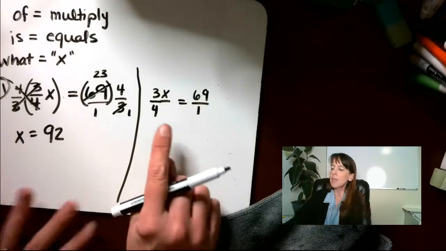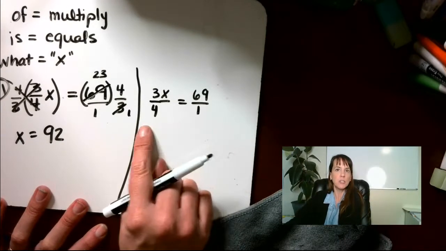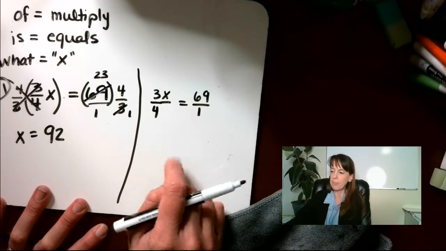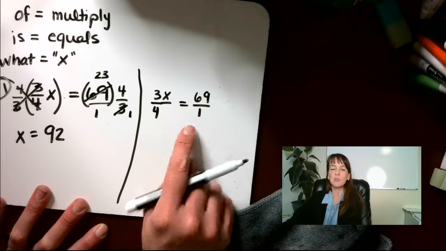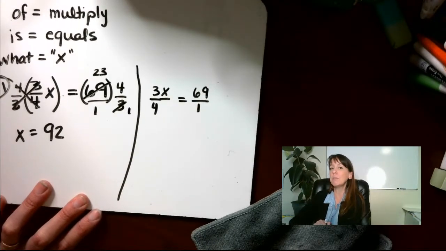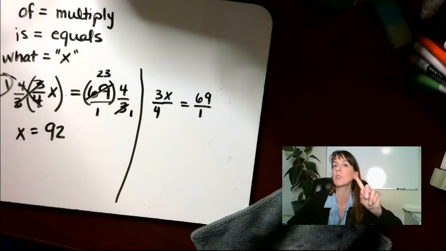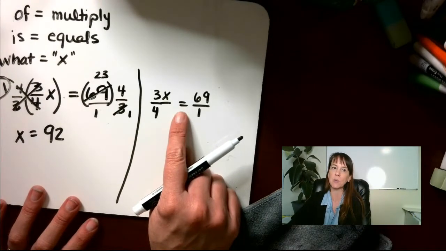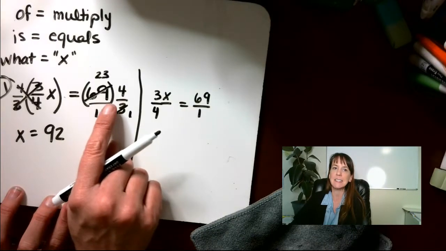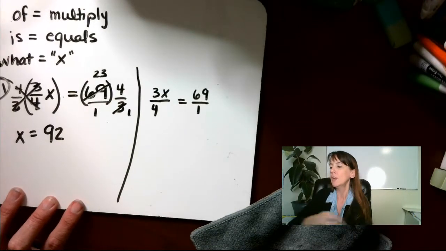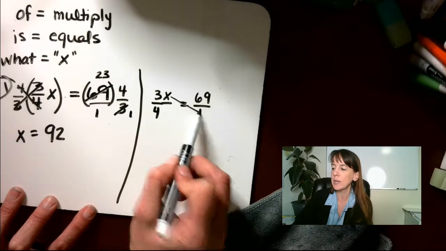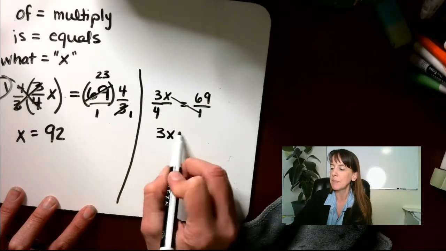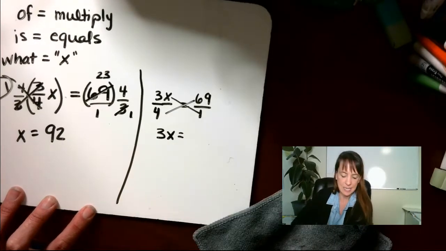It's all the same thing. So when you're comparing two ratios, it's a proportion. When I have fraction equals fraction, I love that because we can cross multiply. Now do not confuse this with cross canceling. Cross multiplying only occurs when we have an equal sign. Back up here, cross canceling occurs when we have multiplication. Cross multiplying gives 3x times 1 is 3x equals 69 times 4.